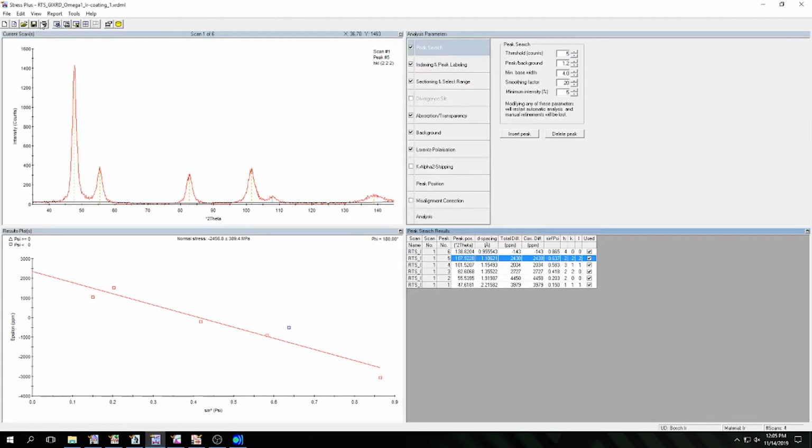So this is the analysis of the iridium coating. And you see here that the individual peaks were defined, and each individual peak represents a different data point in the sine-squared psi plot. And from the linear fit of the slope, you can derive the residual stress information, which in this case is a compressive stress in the area of 2.5 GPa.